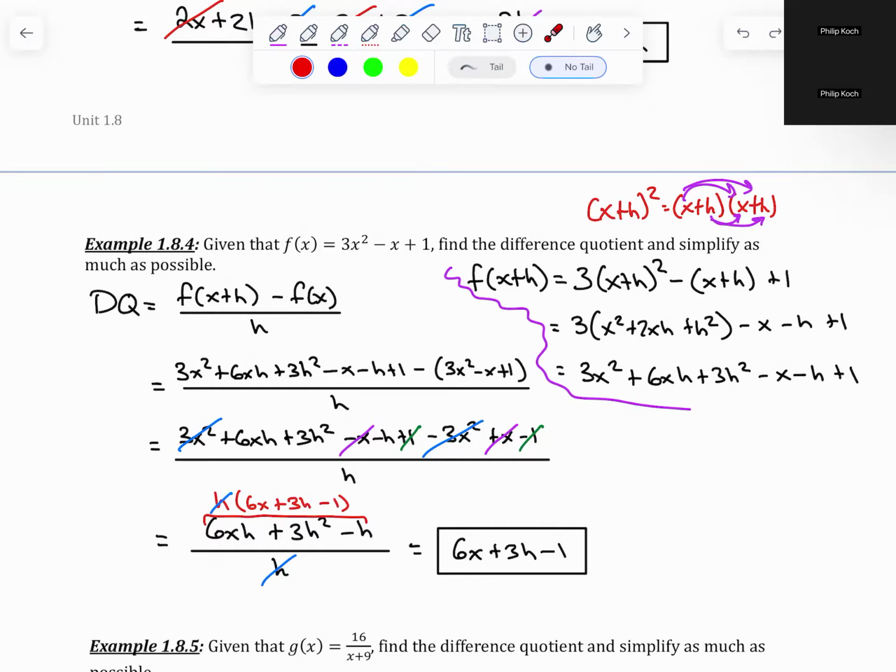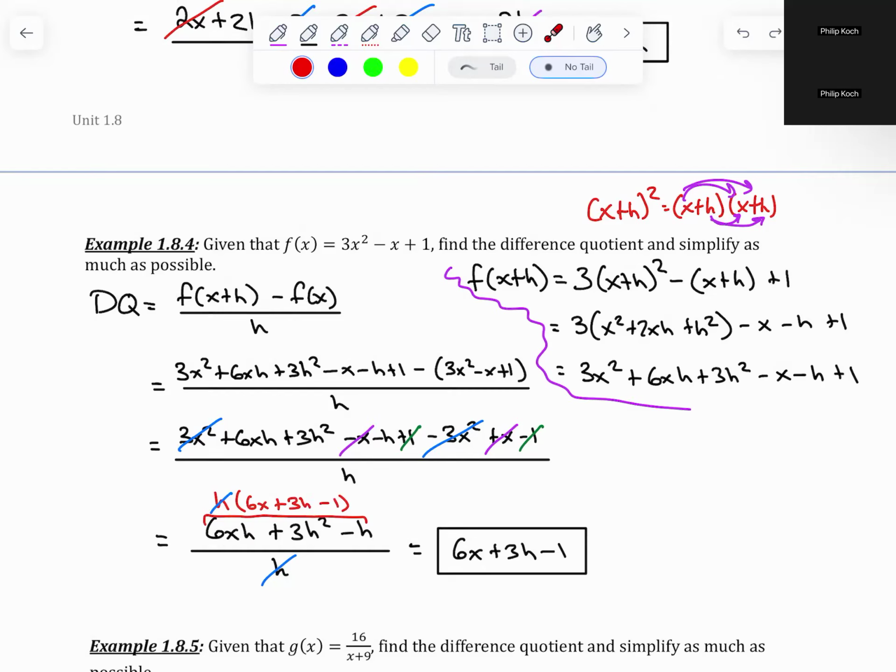So why are we doing this off on the side and then subtracting it here? Why are we substituting in x plus h for our x values up there? On the right. Yeah, we're getting rid of the x's and adding x plus h. Why are we not doing it the other way around?